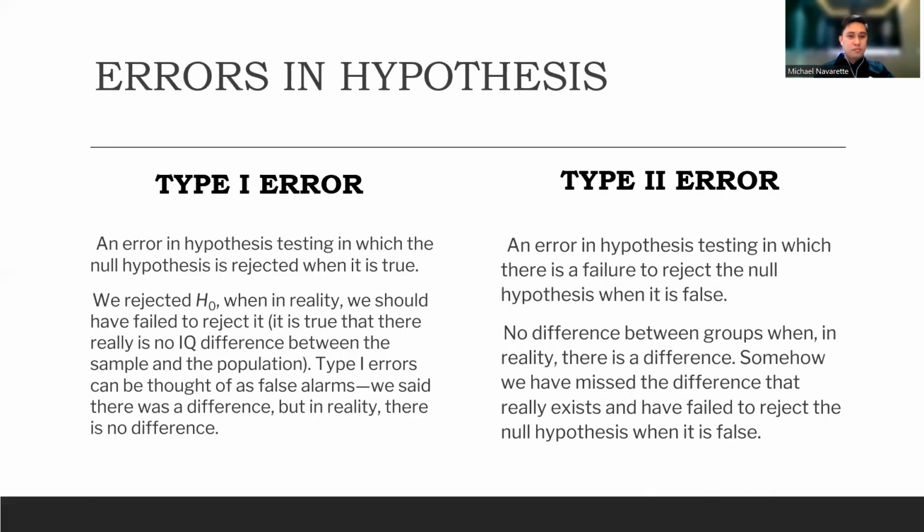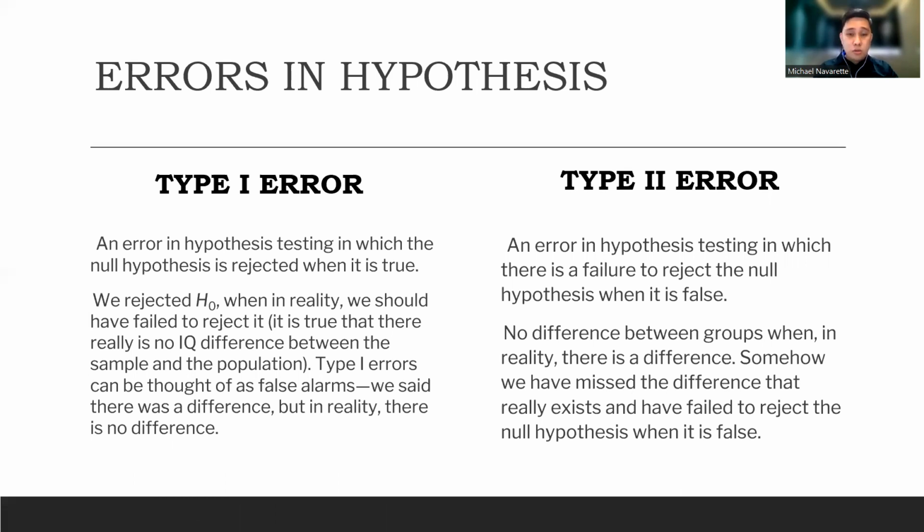the errors in hypothesis testing. Hypothesis testing is to establish, approve, and or reject a particular hypothesis. So there are two types of error in hypothesis testing. Type one error, also known as alpha error, occurs when we reject our null hypothesis but the null hypothesis is correct.